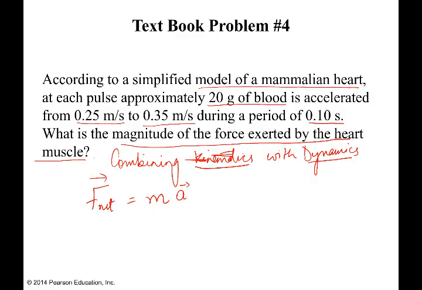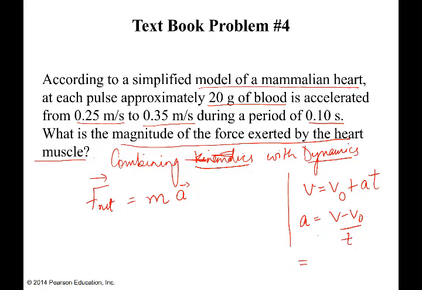But I don't know acceleration, but I do know from kinematics, being a one-dimensional problem, V is equivalent to V naught plus AT. So if I know time, and initial and final velocity, I can find the acceleration as V minus V naught over T.